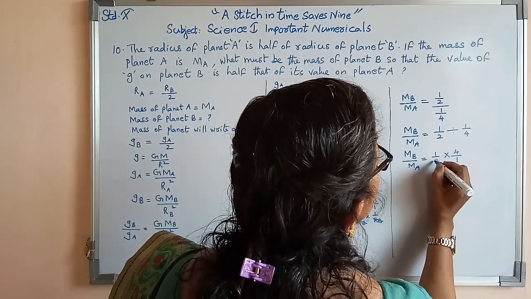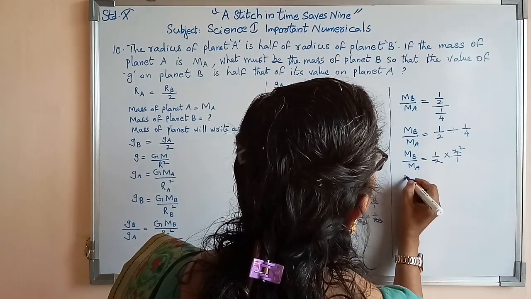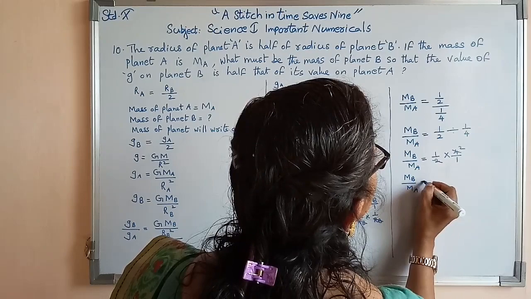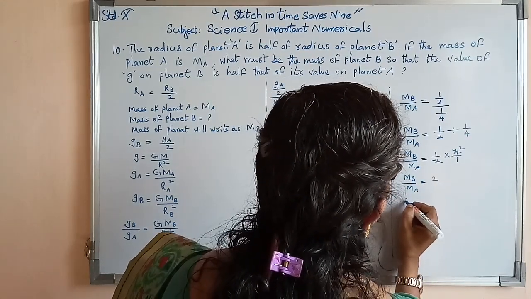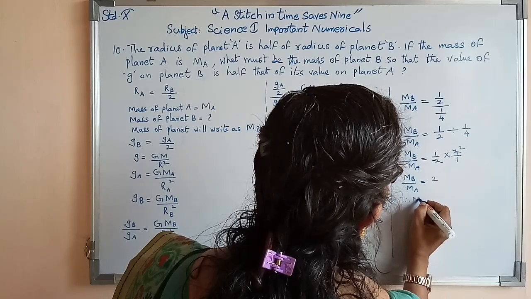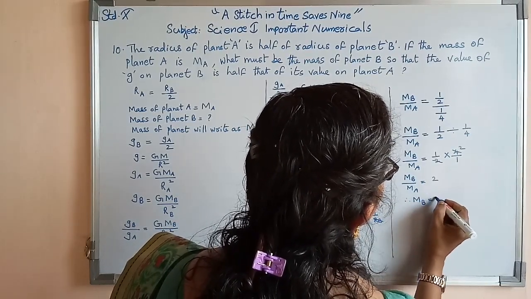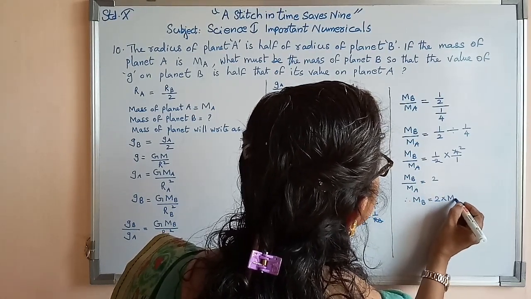Now 2 in 4 goes 2 times. So Mb upon Ma is equal to 2. Now from this we can understand that the mass of planet B is equal to 2 times Ma.